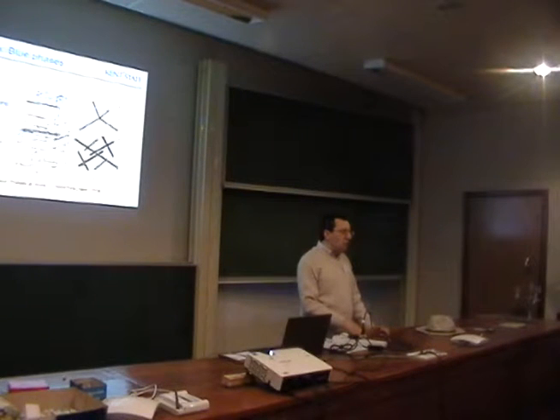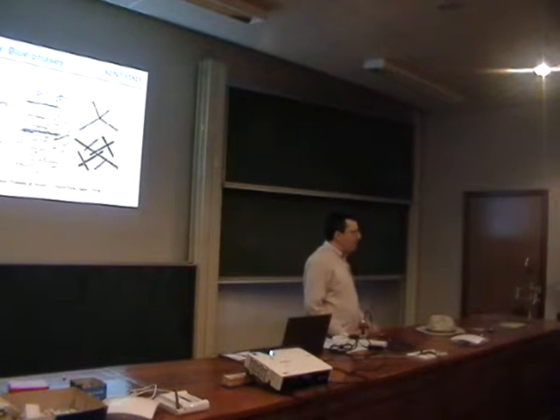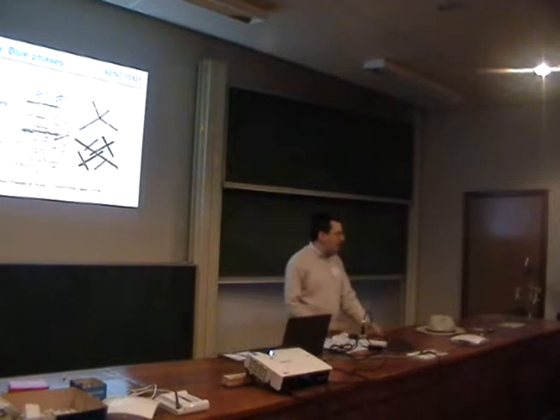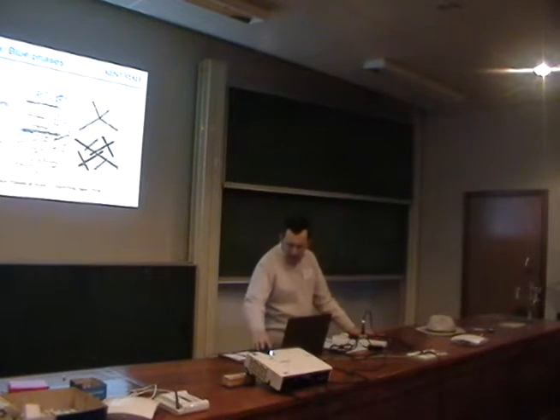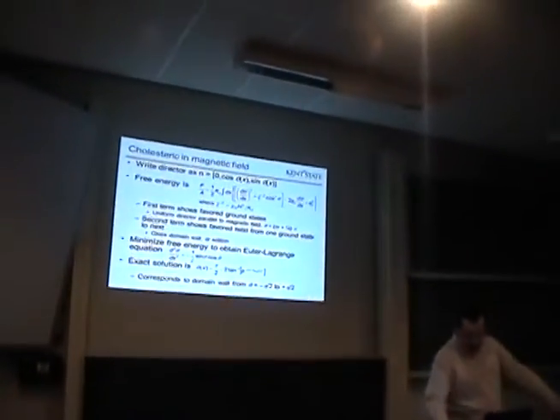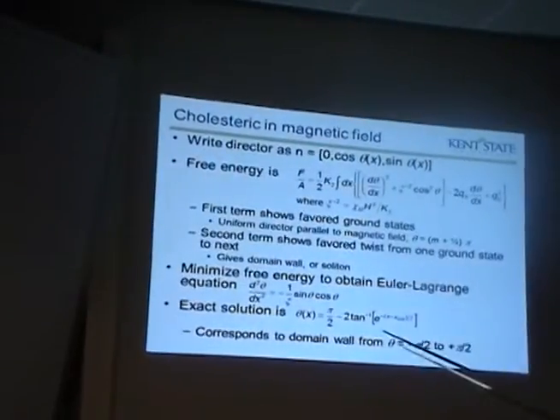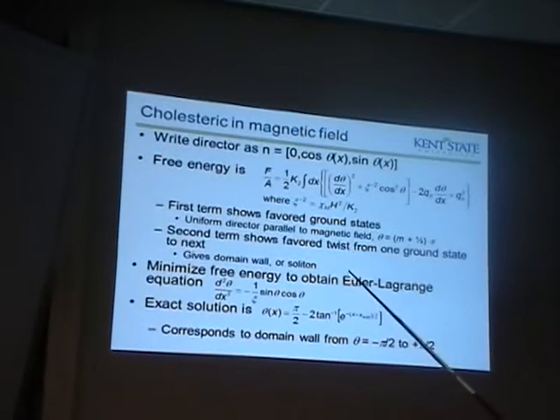I guess what you would gain would be a description of both the size of the domain wall and the energy of the domain. Those are the two main things that come out of that. So if we go back to the cholesteric in the magnetic field, here there is an exact solution for theta of x.